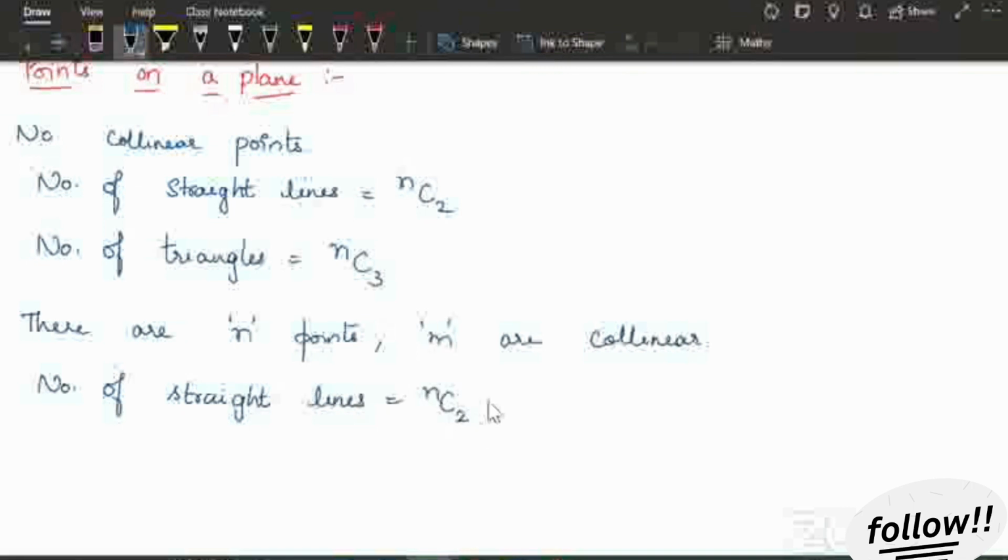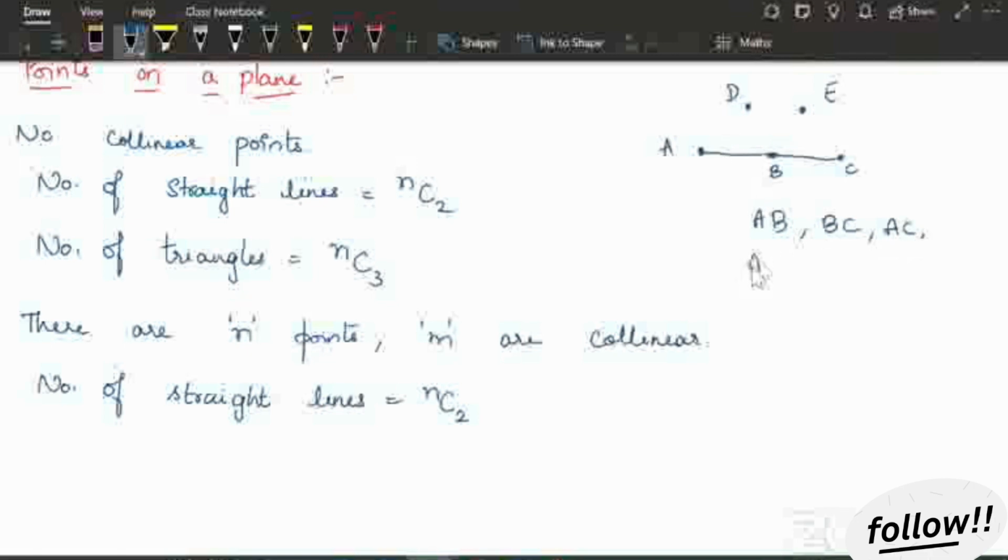In this, all are not different lines, because say if I take 3 collinear points, A, B, C, D, E. Now when I write nC2, it includes AB as a separate line, BC as a separate line, and AC as a separate line.